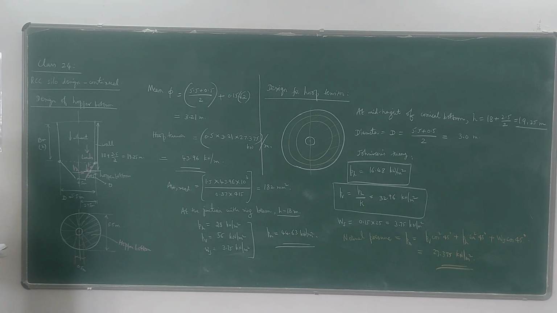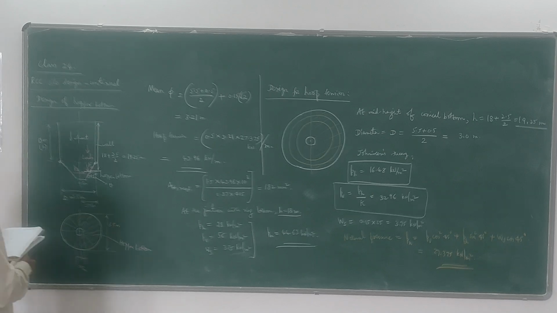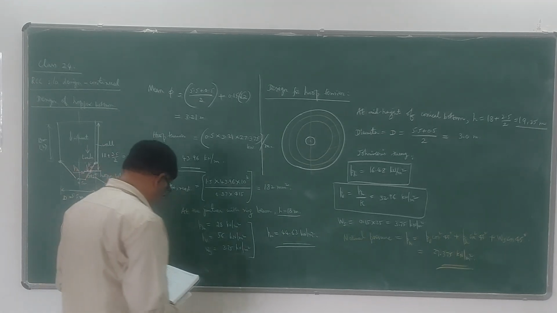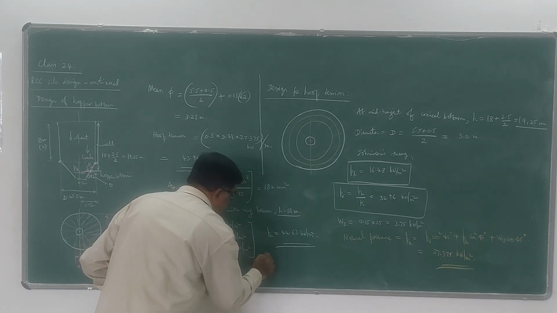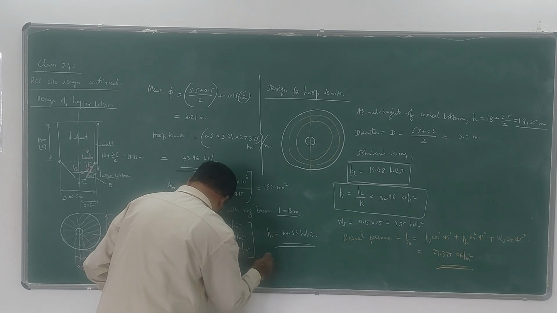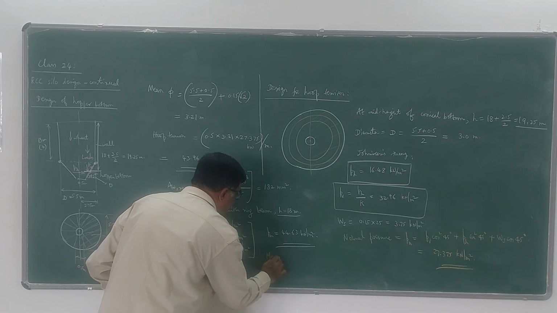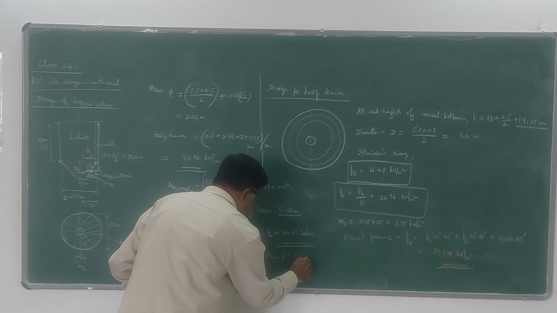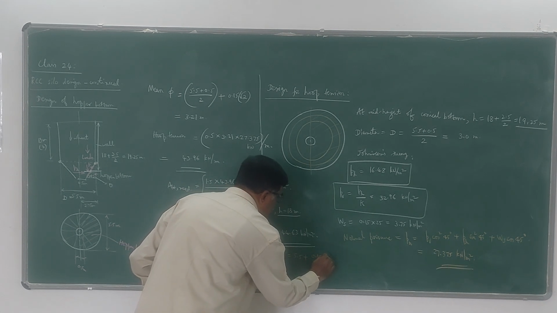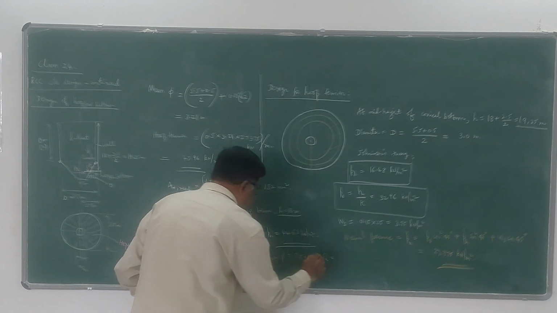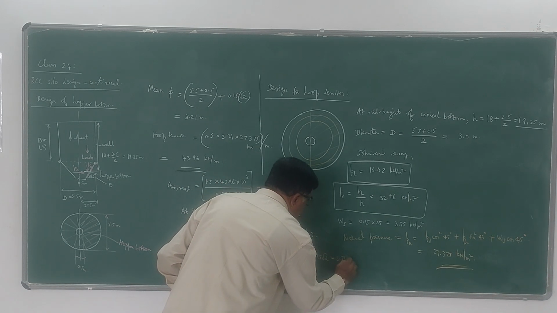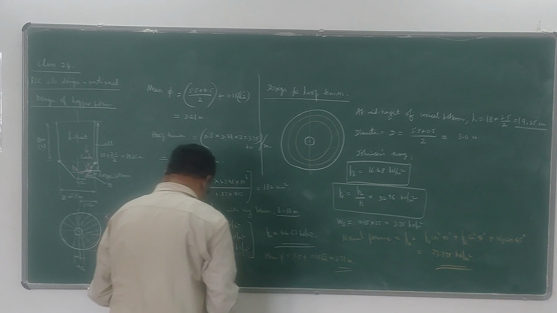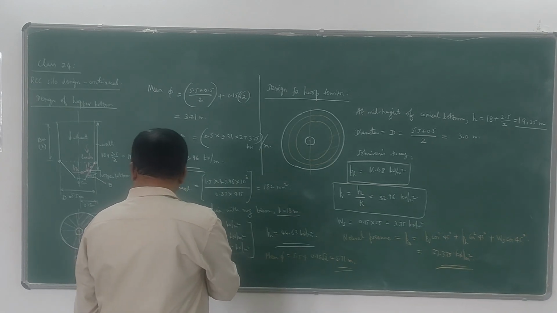Now if you calculate the diameter here, the diameter is also different. Mean diameter is 5.5 plus 0.15 times into, it is 5.71 meters. That is the mean diameter.